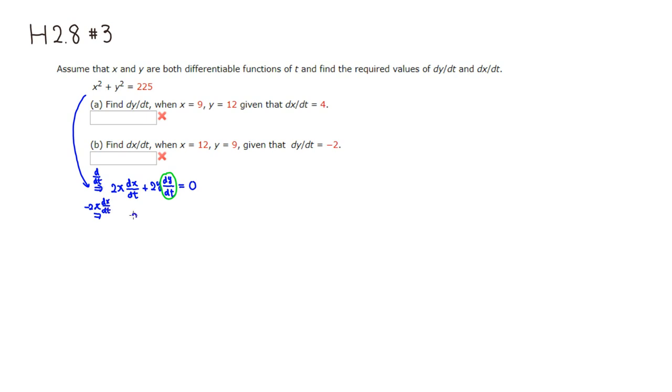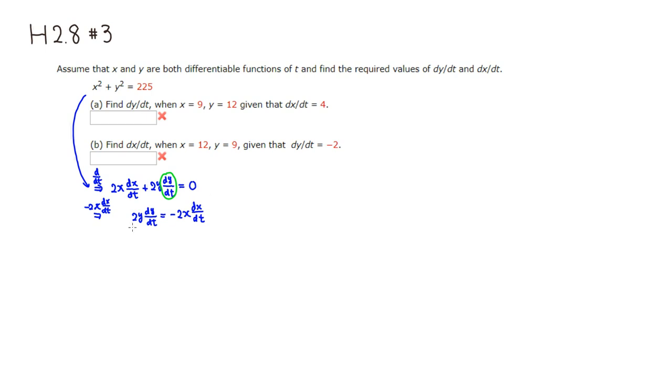So we have 2y dy over dt is equal to negative 2x dx over dt.